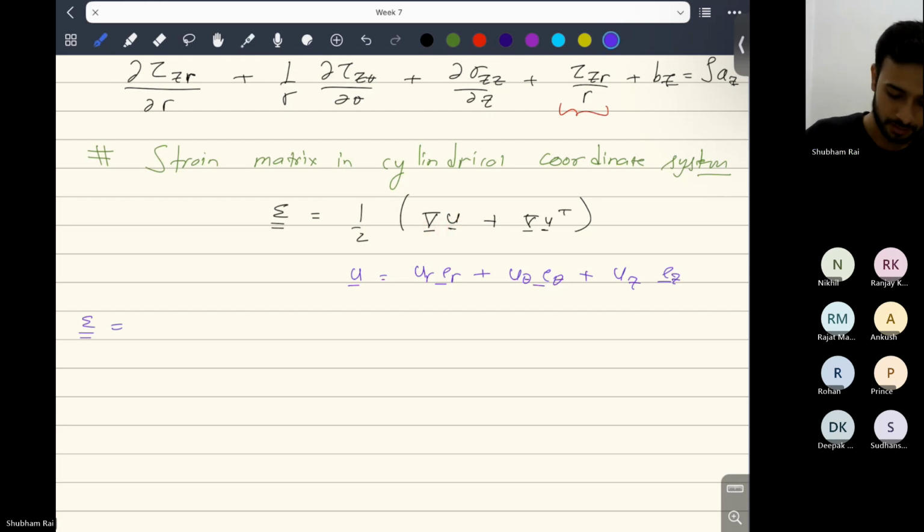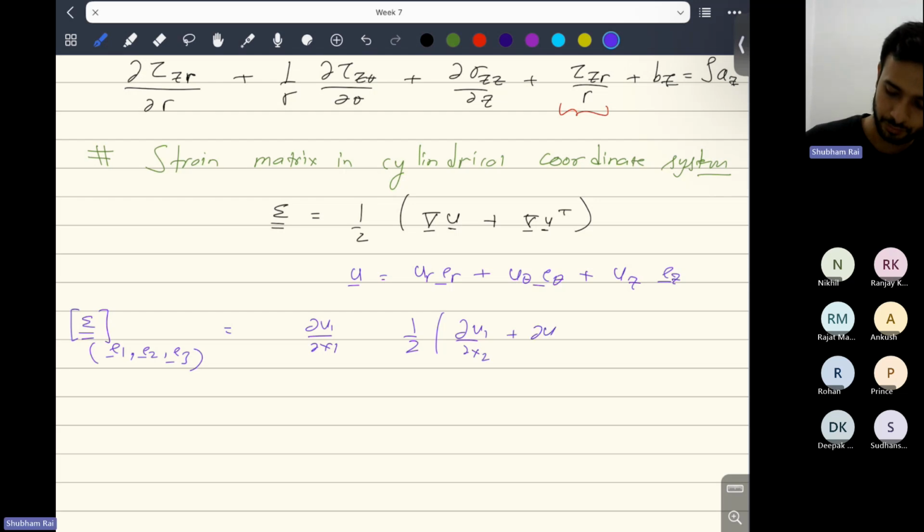So let me express this strain tensor. Firstly I'm writing in the Cartesian coordinate system, and it is given in Q3. This will be given by del u1 by del x1. The second term will be half of del u1 by del x2 plus del u2 by del x1.